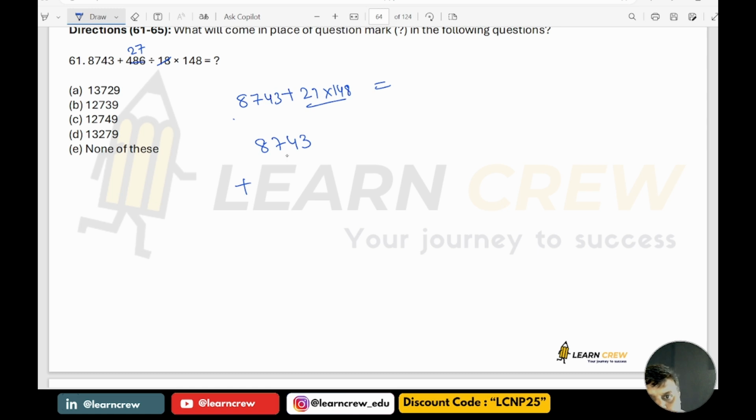How much? 27 into 148 would be 148 into 20 is 2960. So it will be 3996. Please add both. Last you are going to get 9 plus 4, 13, 3. So it is option B.